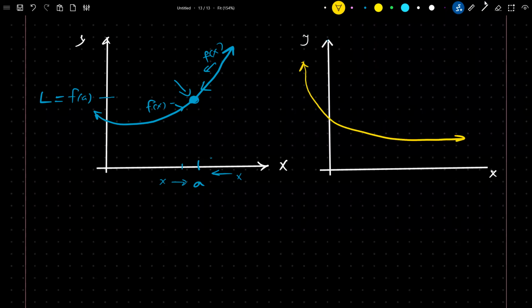Okay, so this function is f of x equals x minus 1 over x squared minus 1. Okay, so here you can see that for this function, there's some kind of a problem as far as our domain goes. And I'll show you what I mean.